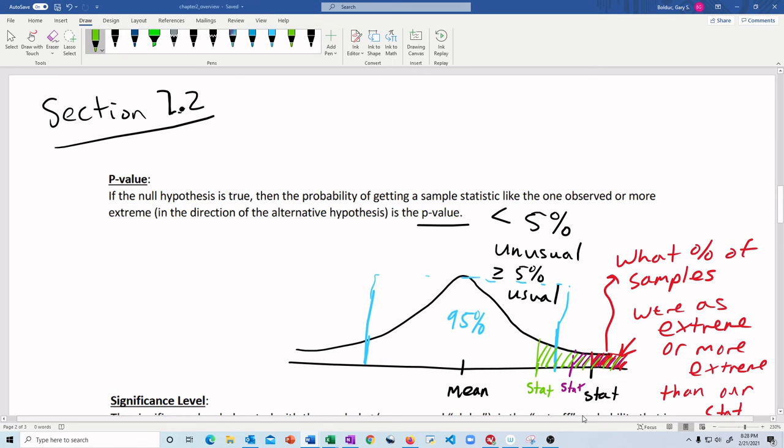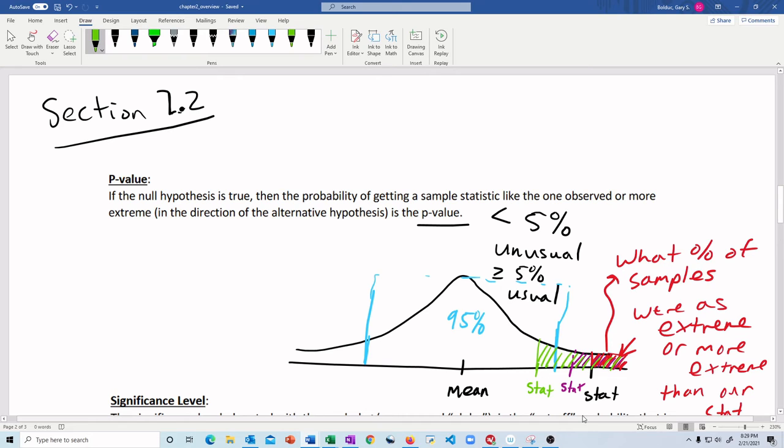So if you've gotten in your head the 95%, 5%, if I'm in the 5%, unusual. If I'm inside the 95%, usual. That's exactly the idea we're using here. We're just kind of turning it around. We're thinking of it from the other direction. Previously, you calculated the cutoffs and you just said, okay, here are the cutoffs. Now put the stat in there and tell me where it is.